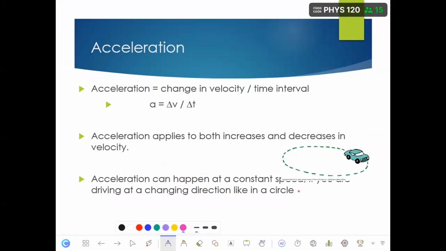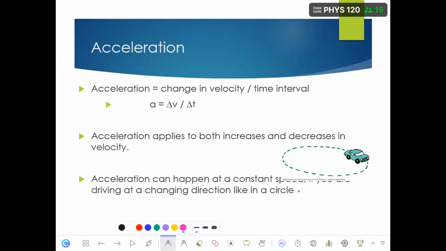Let's say you are driving and you see the traffic light turning from yellow to red. You push the brake. You are trying to slow down, to decrease the velocity of the car. So it means that you're decelerating. That's why we have a new definition called acceleration.